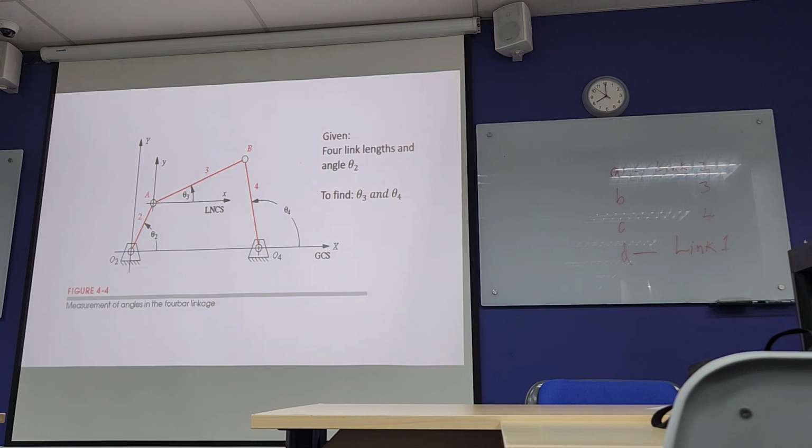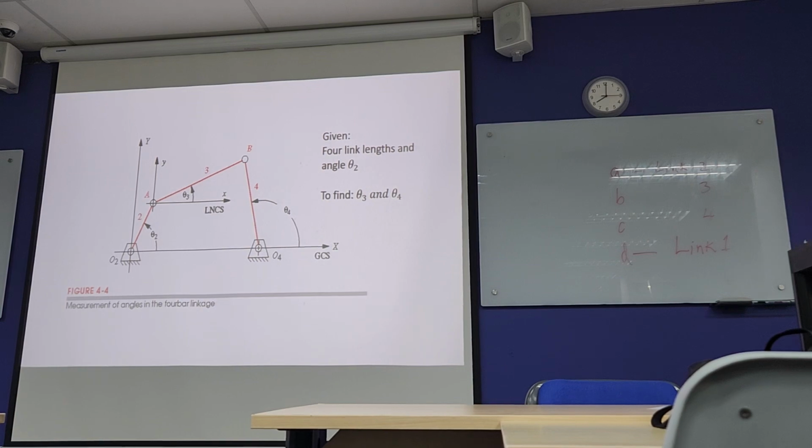See, the x and y coordinates of this length, you are free to choose your own scale. You can choose your own scale. And always you need to start with reference to a global coordinate system.